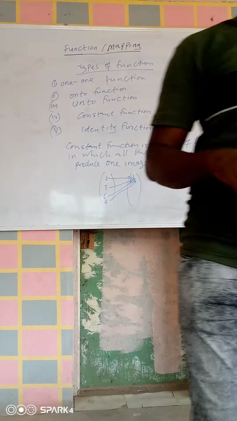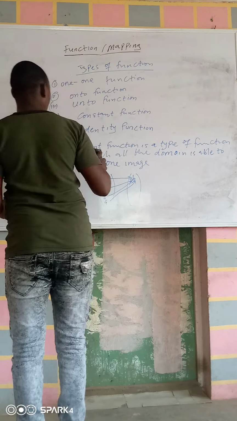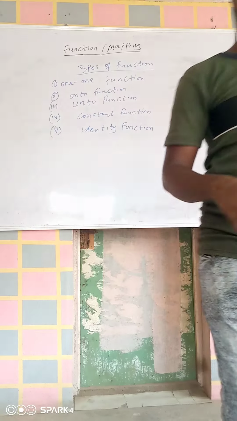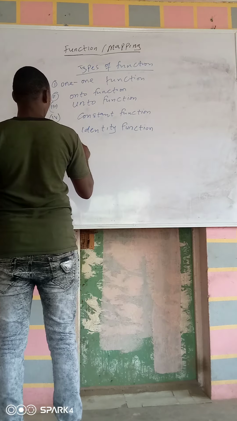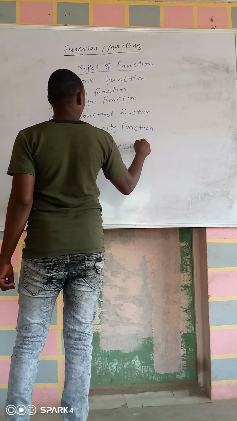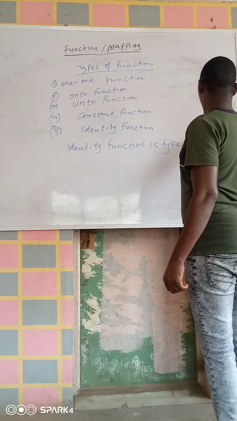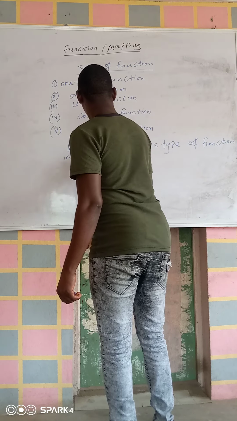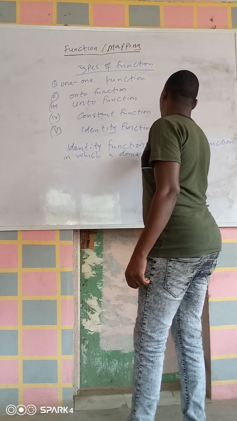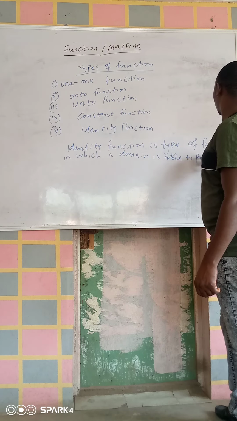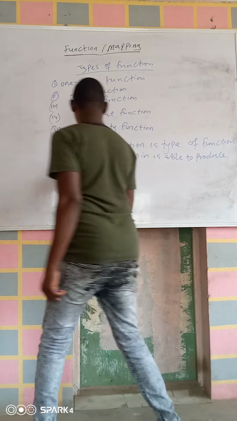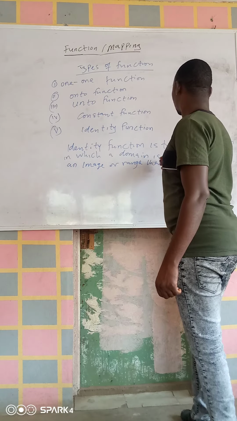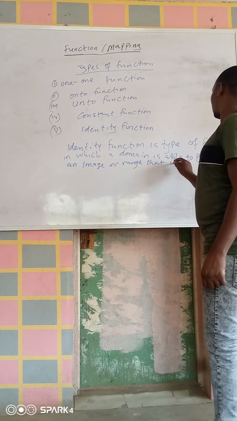You also have identity function. An identity function is a type of function in which a domain is able to produce an image or range that is itself.